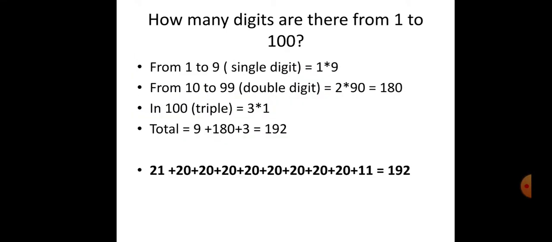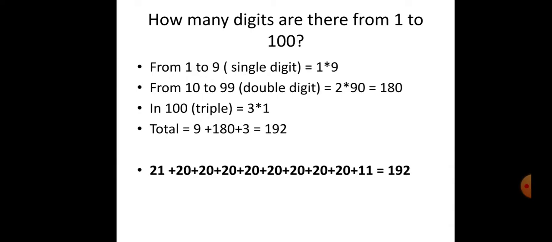So how many digits are there from 1 to 100? Now the question is asking about how many digits. It is not asking about how many digit 1 and how many digit 2. All together we need to find the digits. It means if you have a book, in that book if you count the digits from page 1 to 100, while writing from 1 to 9, we have only single digit, there are 9.